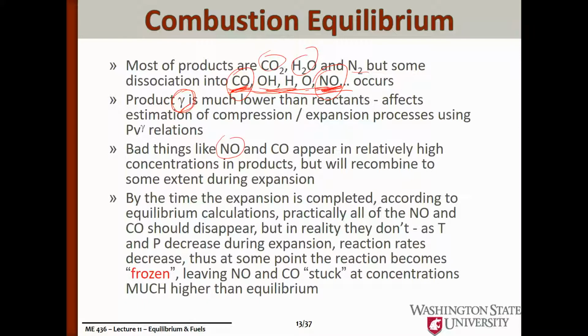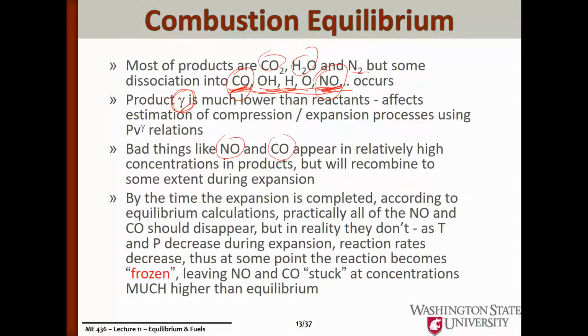So once the combustion occurs, it goes towards equilibrium, but then it doesn't stop yet. As it cools, that equilibrium moves and these reactions finish their combustion a little bit farther. So that the nitrous oxides and CO will recombine into CO2 and then nitrogen during the expansion.